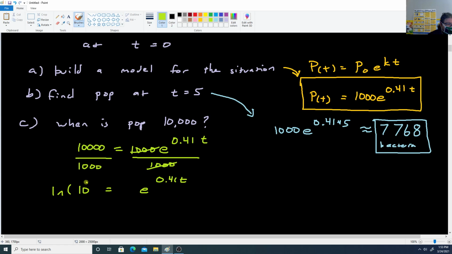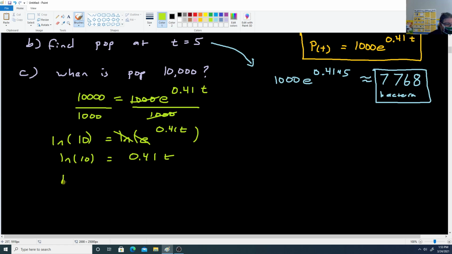Take the natural log next to undo the e. So I get natural log of 10 is 0.41t. To get t completely by itself, I divide by 0.41. So t is natural log of 10 divided by 0.41, which is about 5.6 hours.